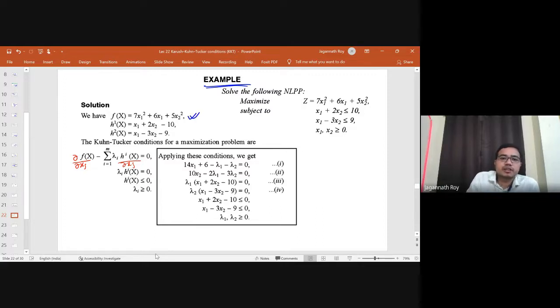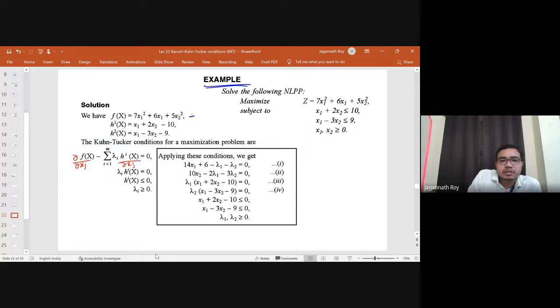We don't need to find out the Lagrangian function now, because this f and h1, these are sufficient. We have to find out all the partial derivatives and try to find out these variables. Then if it is done, then we can proceed.